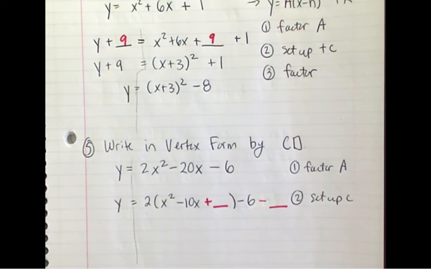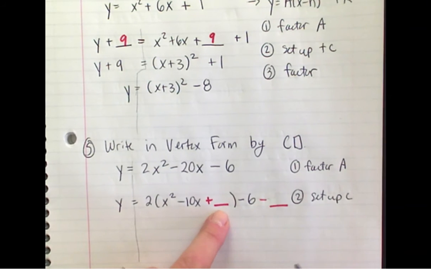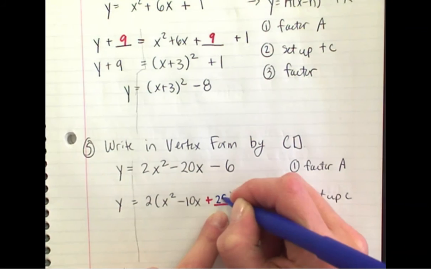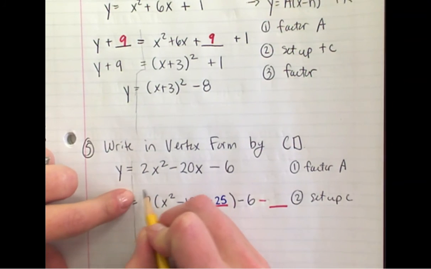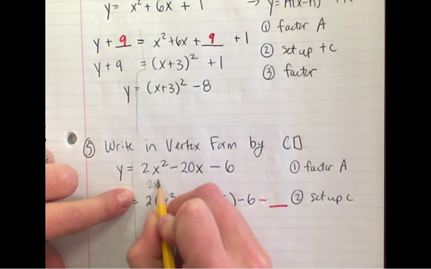Okay, fill in the blank. Half it, square it. Now I'm going to do a little pencil step here. And I'm just going to redistribute my 2 real quick.